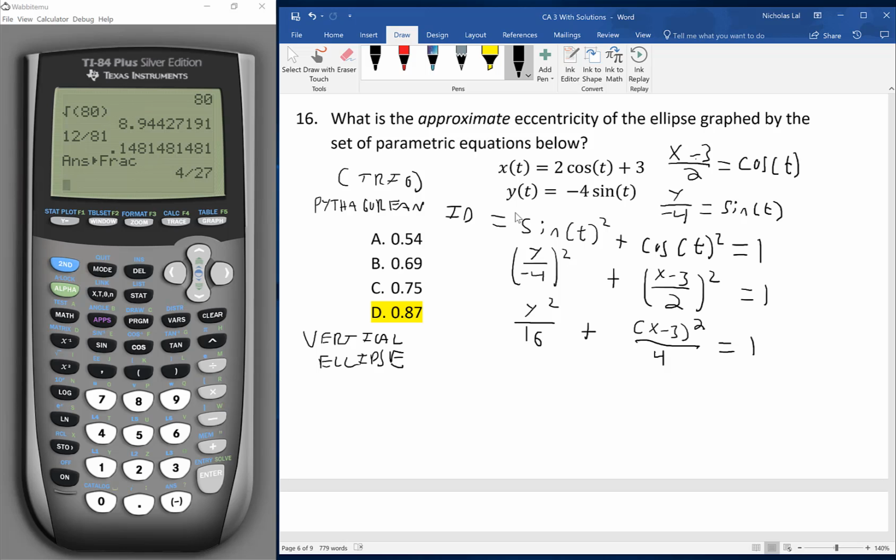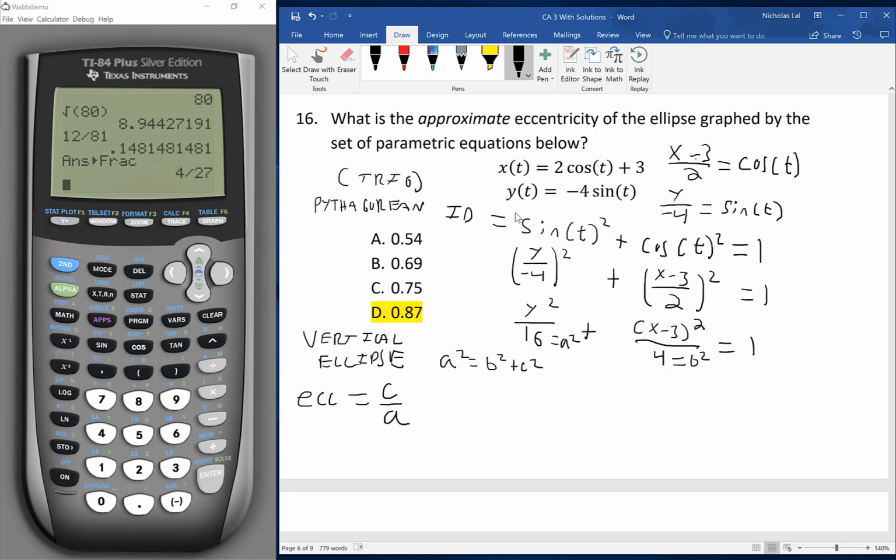And that eccentricity is equal to c over a. 16 is the larger denominator, so that's equal to a squared. 4 is the smaller denominator, that's equal to b squared. Your Pythagorean relation for an ellipse is that a squared is equal to b squared plus c squared.